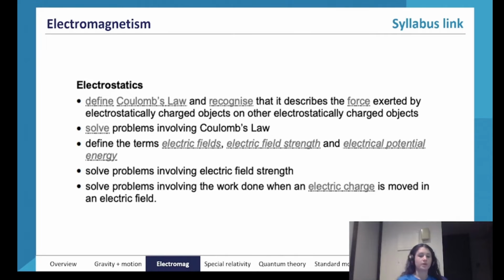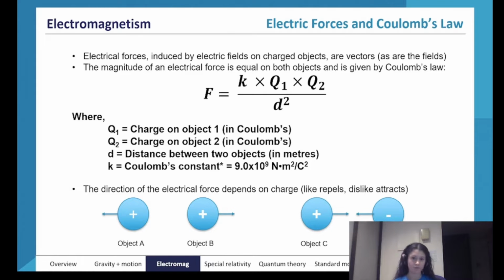So, getting on to our review of electromagnetism. So, we're going to be going back over electrostatics. So remember, electrostatics involves charged particles which create an electric field and influence one another due to their charges.